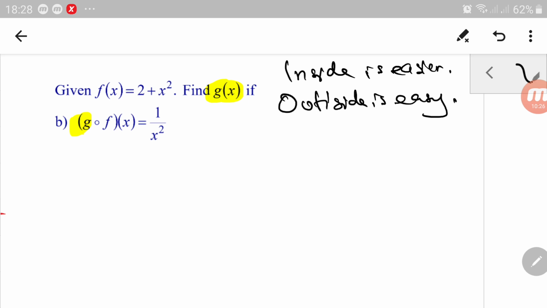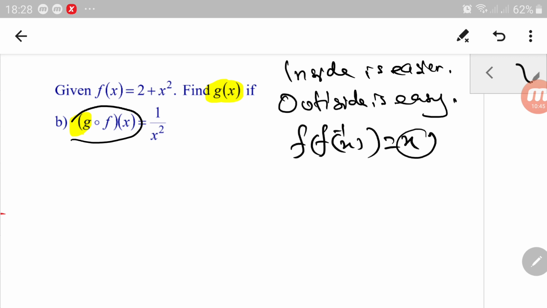Because we just need to apply the inverse function from the previous video that you've learned. Now, if we insert the inverse inside a function of its own function, then we will get x, right? Now, from gf x here, g composite f is simply gf inside g.